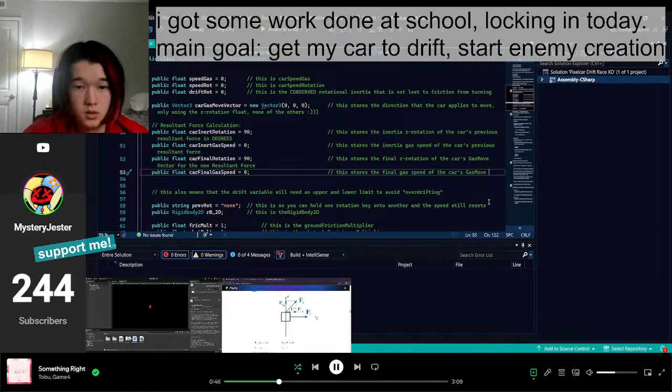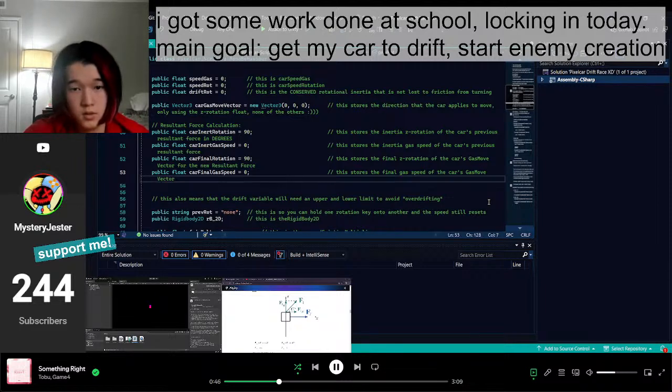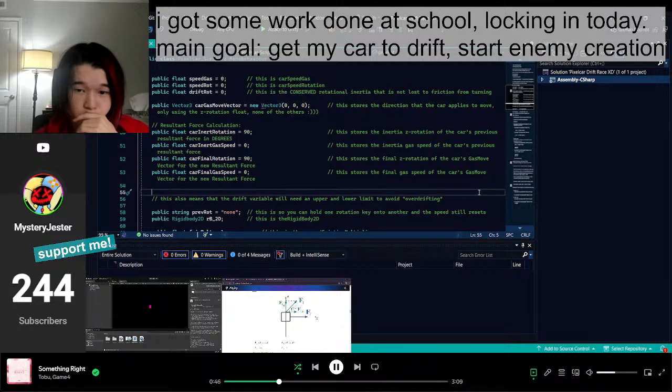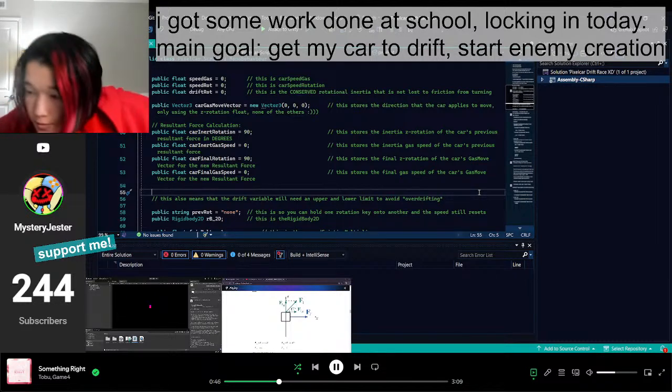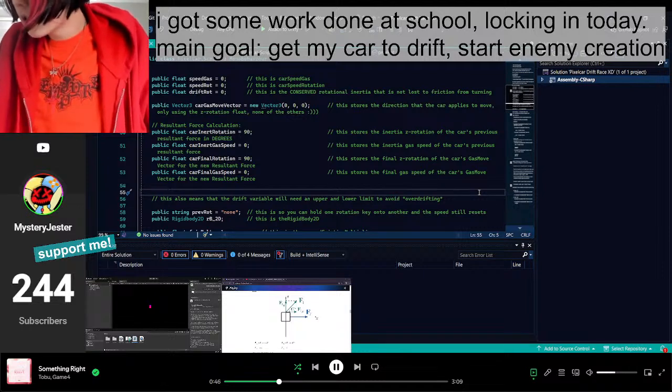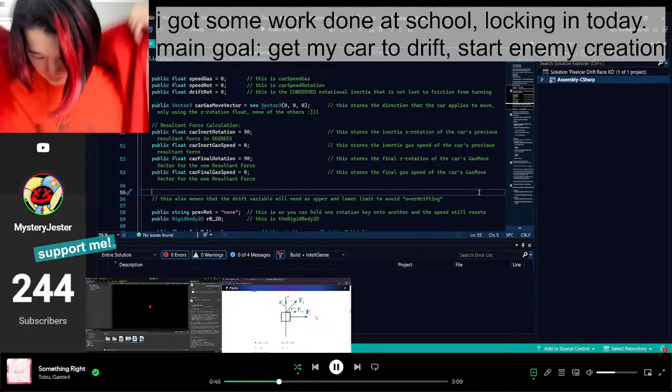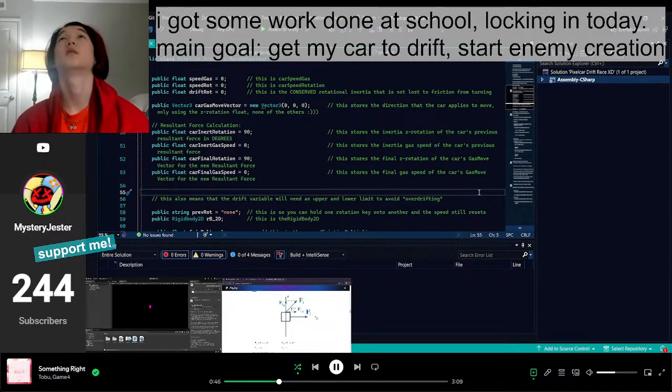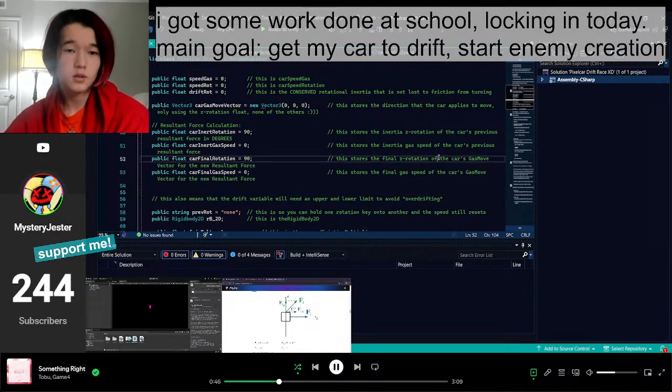Of the car's gas move vector for the new force. So using resultant force calculation, I can plug that into the vector 3 of the. Okay, fine. Yes, this is fine.